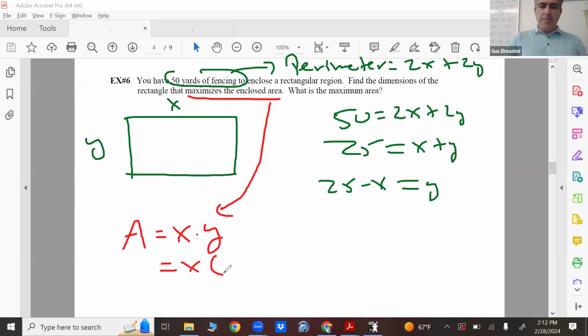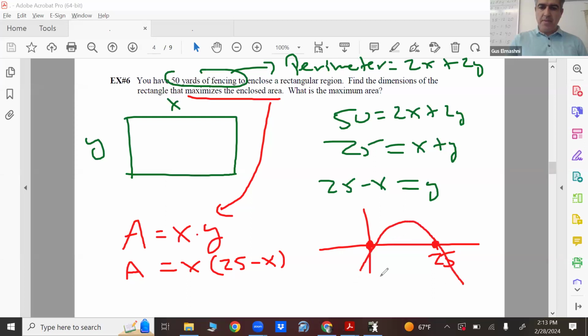Remember, these are x-intercepts. It looks like this. Where do you think the vertex is going to be?